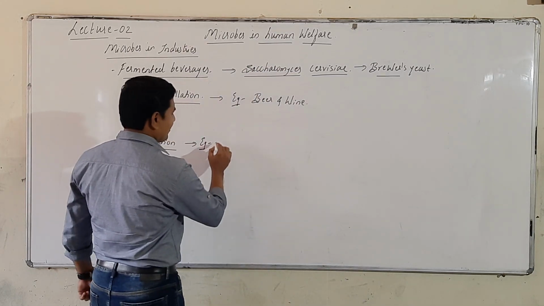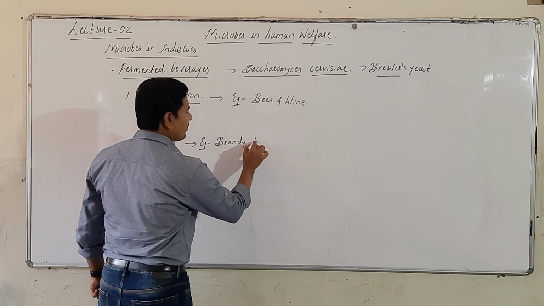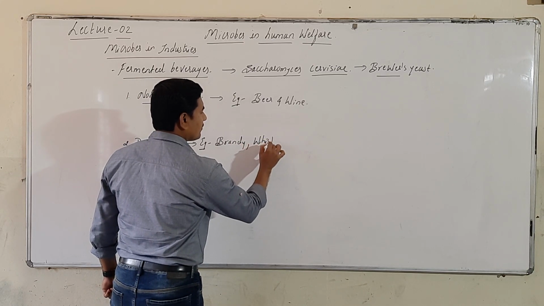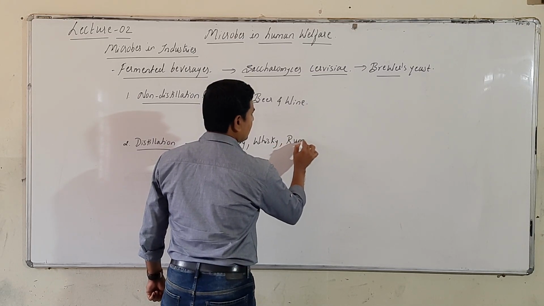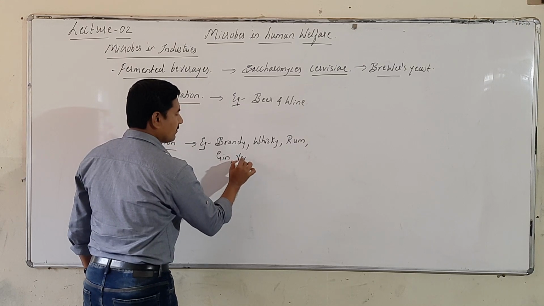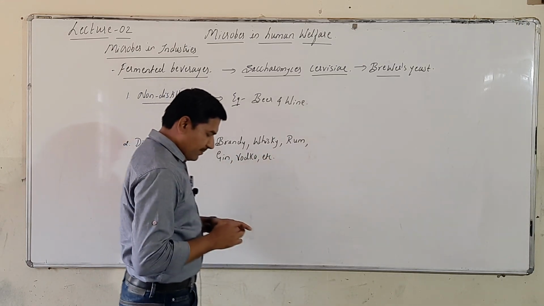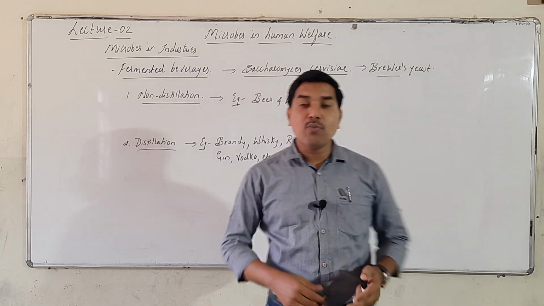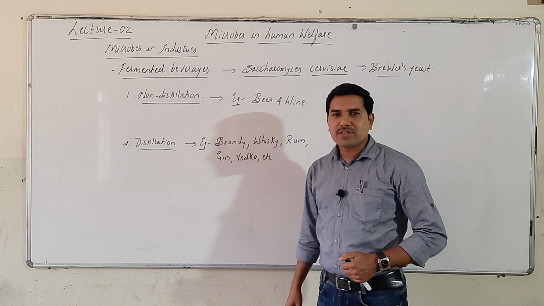Brandy, whiskey, rum, gin, vodka, etc. All these are different types of distilled alcoholic products.